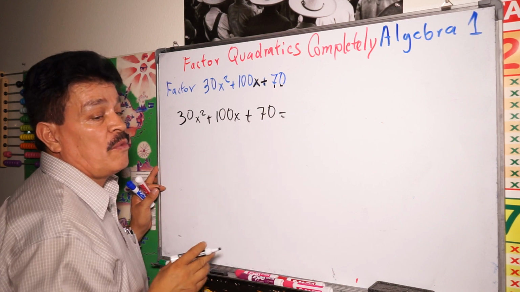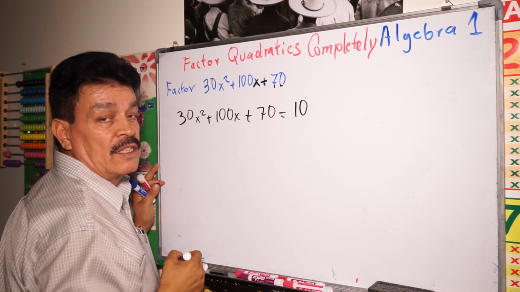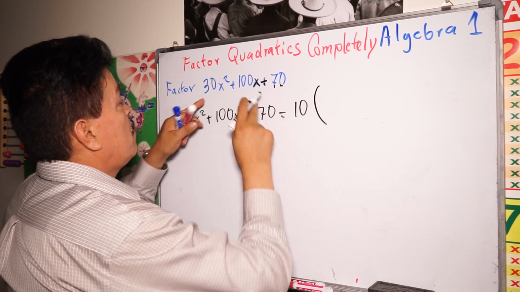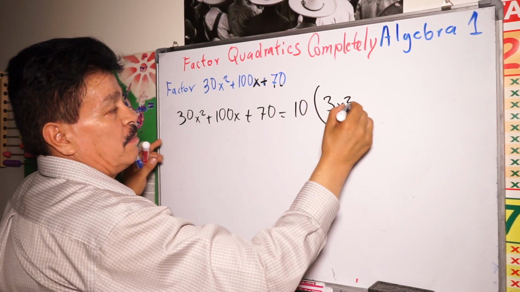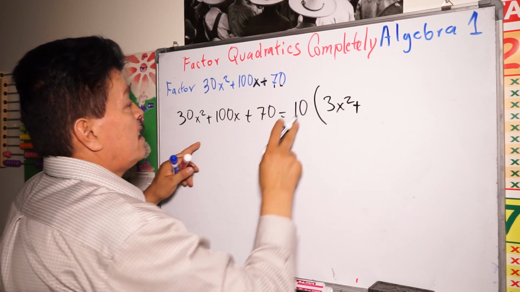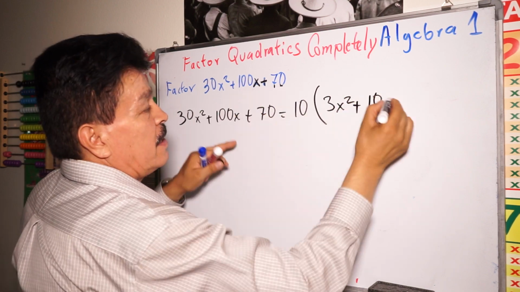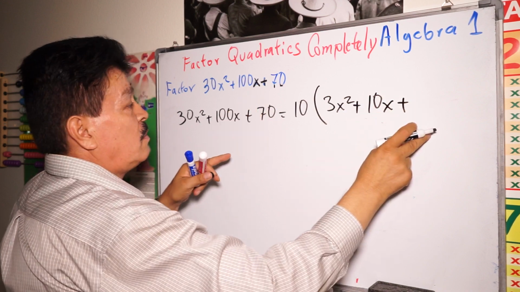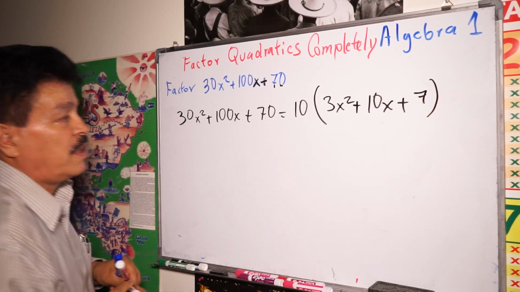So factor out the number 10. This must be 10 times 3x squared plus 10x plus 7, because 10 times 10 is 100 and 70 divided by 10 is 7.